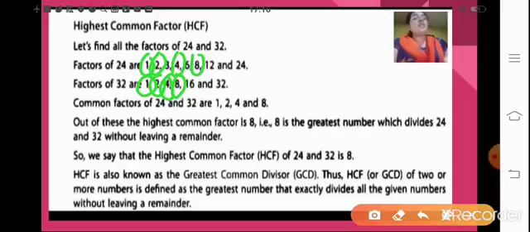Now HCF, or the highest common factor, is also known as the greatest common divisor, or you can call it GCD. So out of the common factors, whichever is the greatest one or the bigger one, that becomes your GCD or your highest common factor.